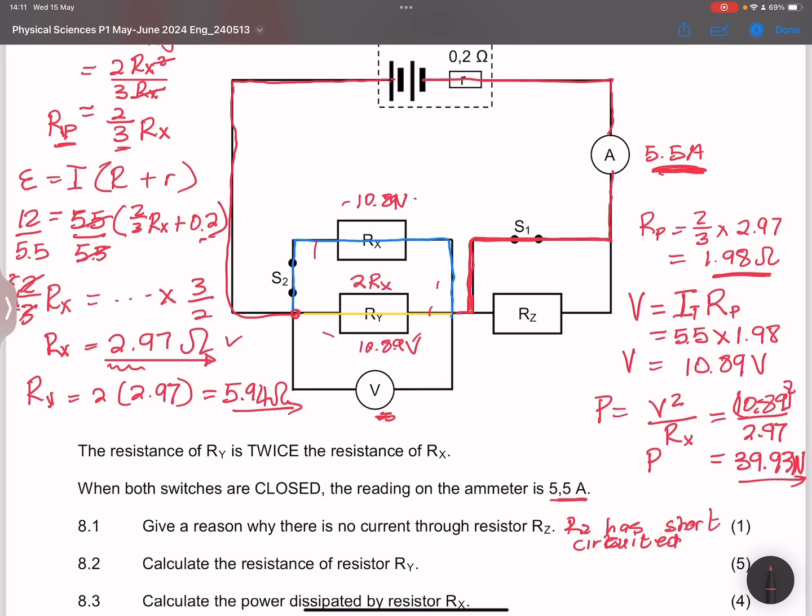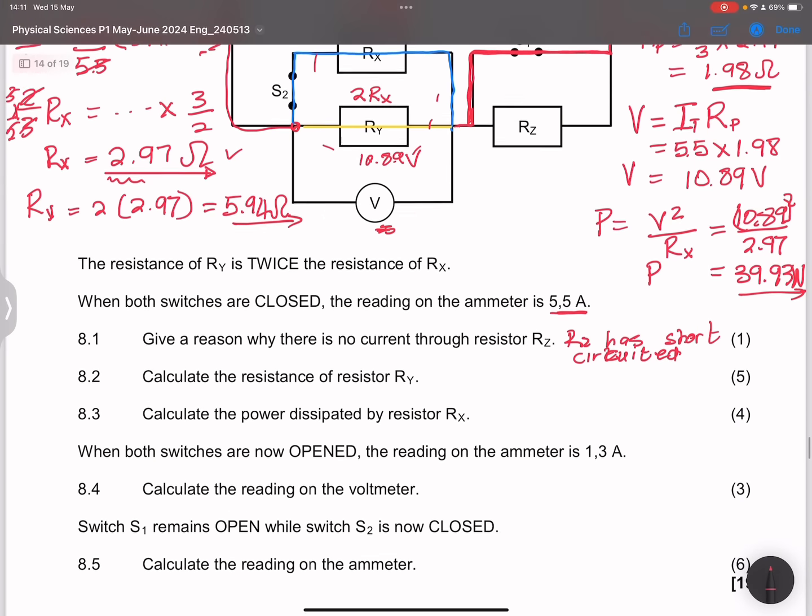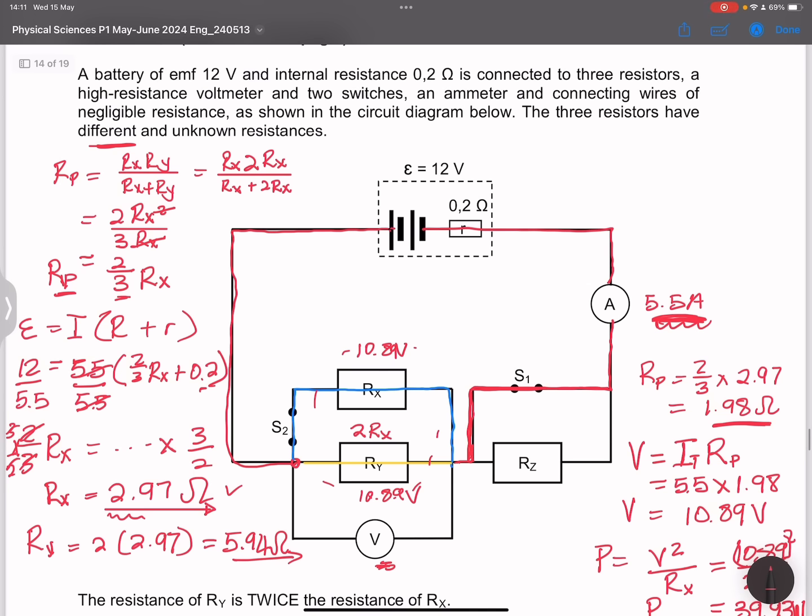You could have also calculated this by finding the current. There's a very nifty way of calculating the current passing through parallel resistors, particularly when you know the total current. What you can do is say, well, the current across Rx, you always use the resistance of the other resistor.